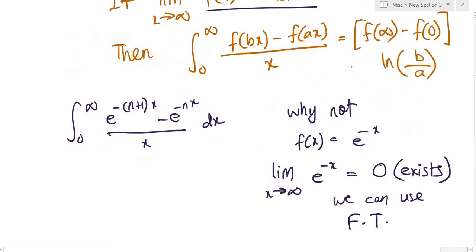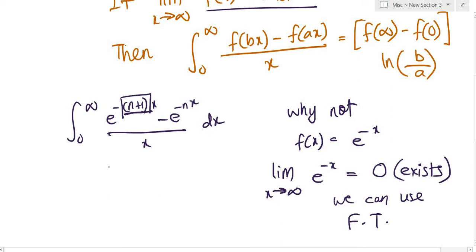Okay, so we established that we can use Frullani's theorem. Now we only need to establish our coefficients b and a. The coefficients are basically the terms that are multiplied with the argument, so essentially what's multiplied with the x. It's this n plus 1 over here, right?